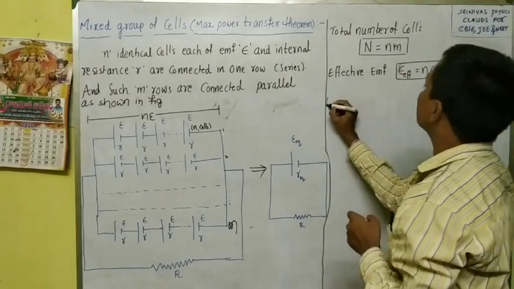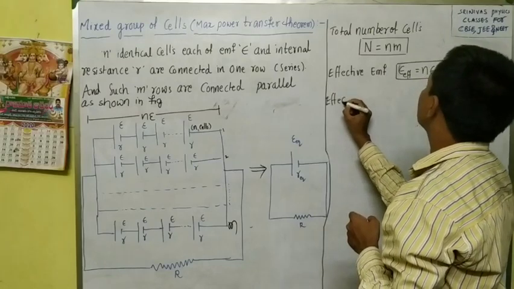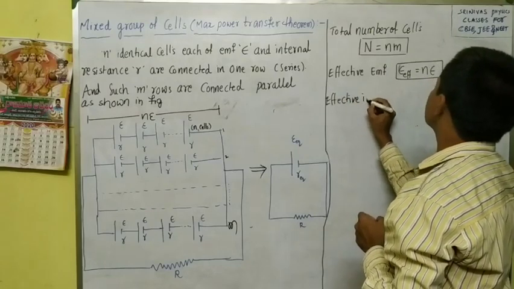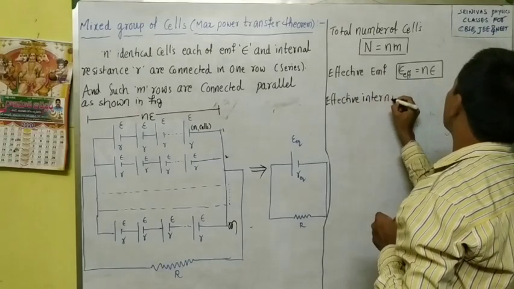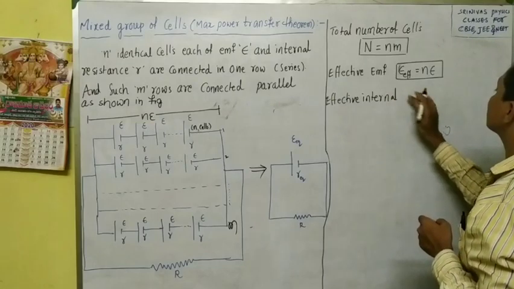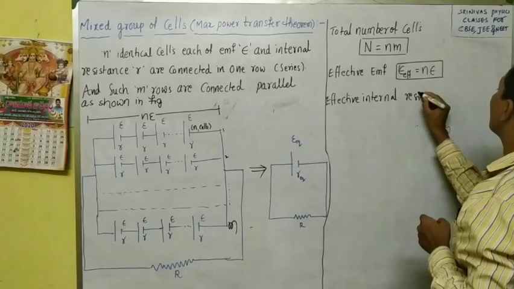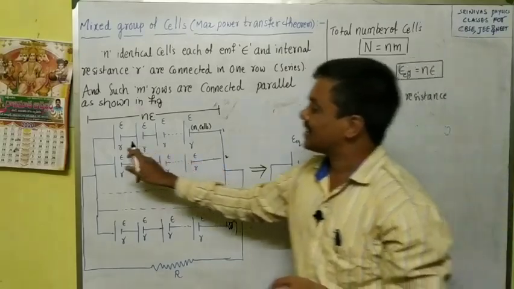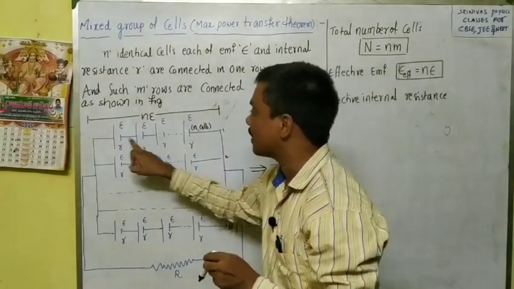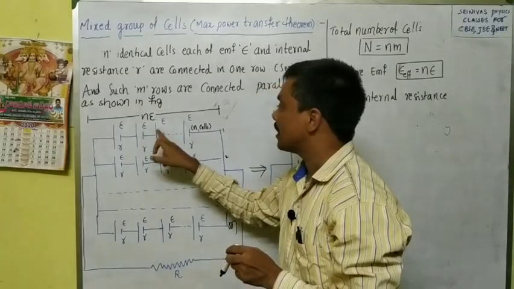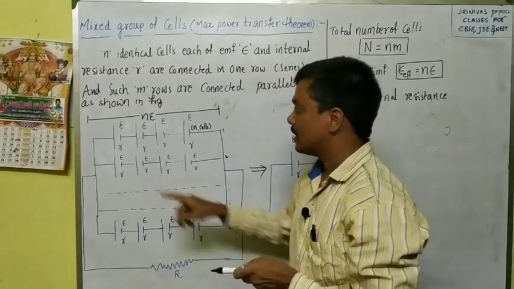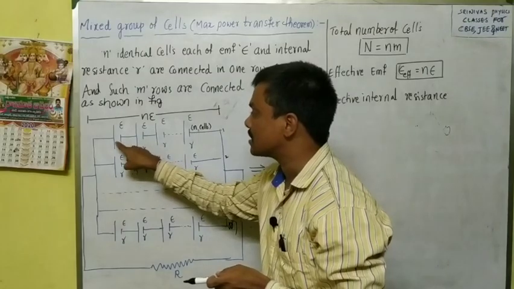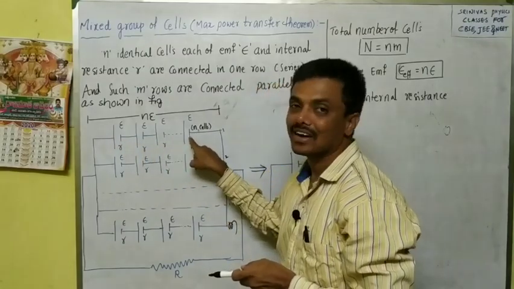What is the effective internal resistance? For that, you have to know the effective internal resistance in one row. There are several cells, and each cell has the resistance r. There are n cells, so in series combination we add r plus r plus r and so on, r.